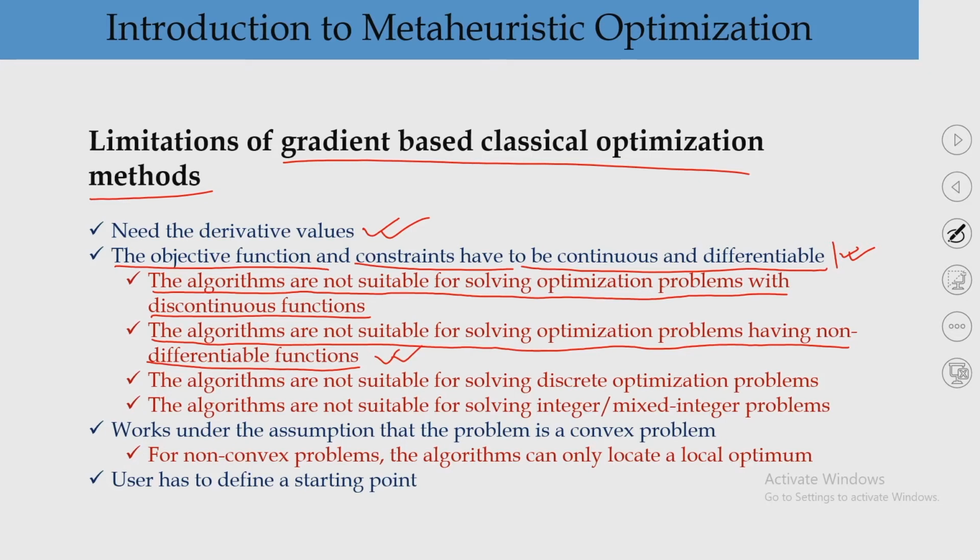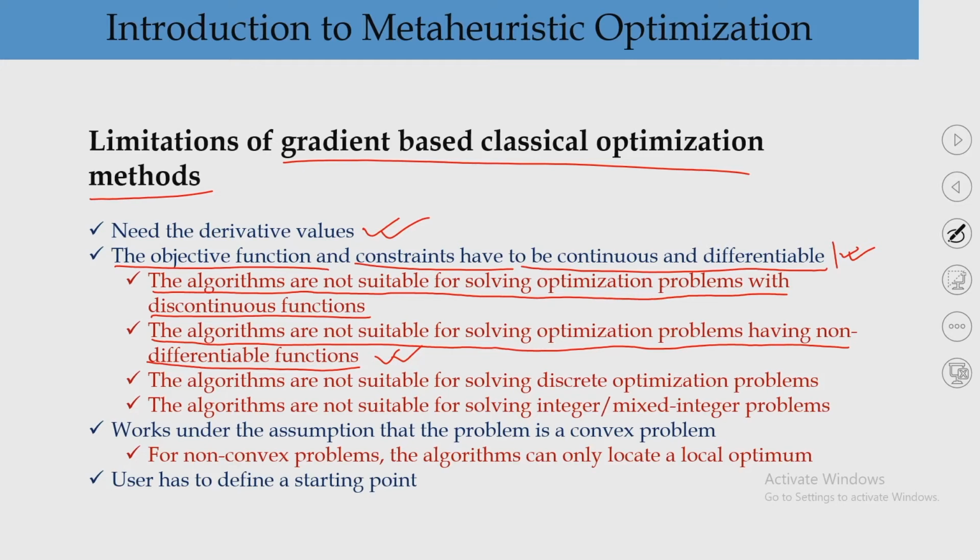Now, I would like to tell one point here. There may be a function, okay, it is differentiable, but the question is how you are calculating the derivative. So, you have to calculate the derivative using numerical methods many times. I discussed that one, how you can calculate the derivative using numerical methods. So, now in that case what will happen?